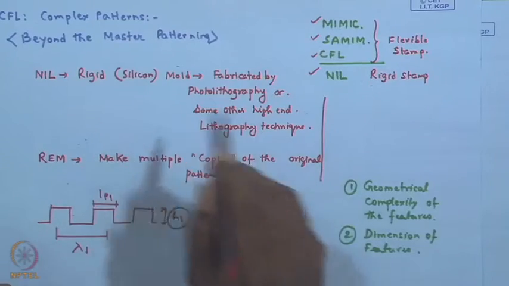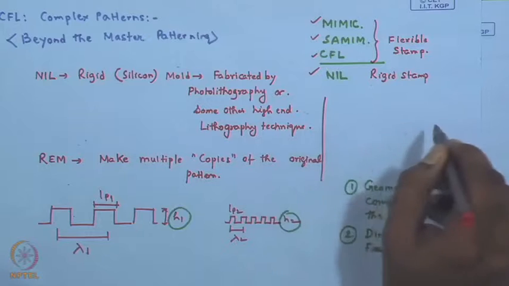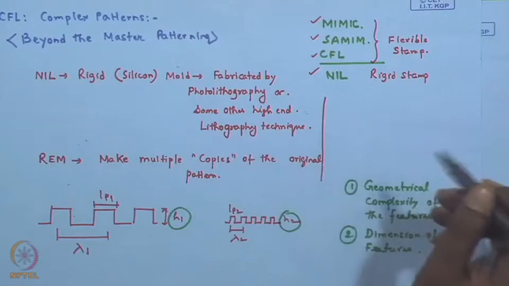But if you want these structures over a few centimeter square area, that might take a few days to write the whole area, because the tip has to physically raster at every location, go and come back and dislodge or burn off the material to create the structure. Okay. So the larger the area requirement for your original stamp, the more the cost of your hardware or stamp increases.